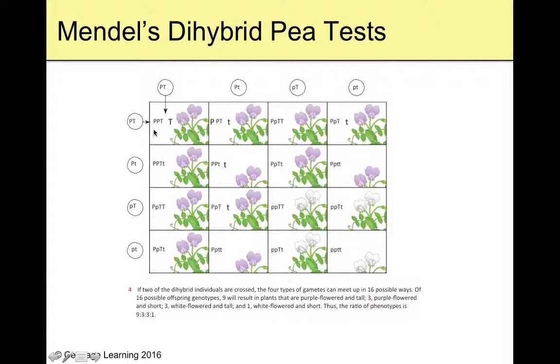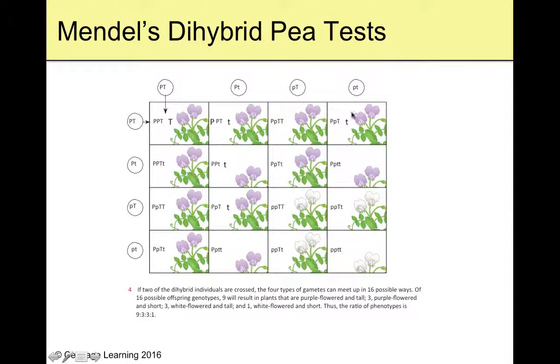This one here gets big P, big P, big T, tall, purple flowers. Okay? This guy way down here, little p, little t, short, white flowers. White, tall flowers. Purple, tall flowers. Purple, short flowers.